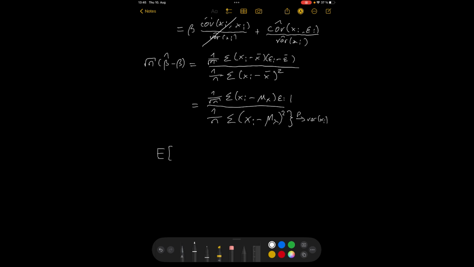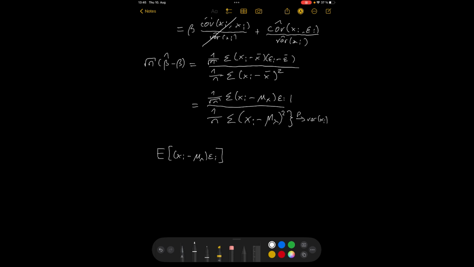The expectation of (x_i minus mu_x) times epsilon_i. There are two ways to go about this. You can either use orthogonality, or you can use the mean independence assumption. Usually we use the mean independence assumption, so I'll do that here too.